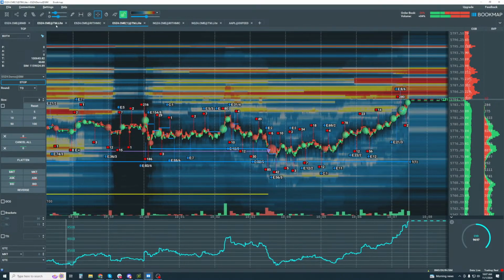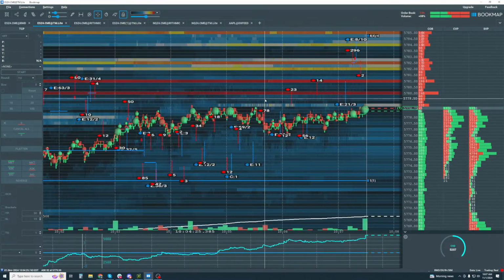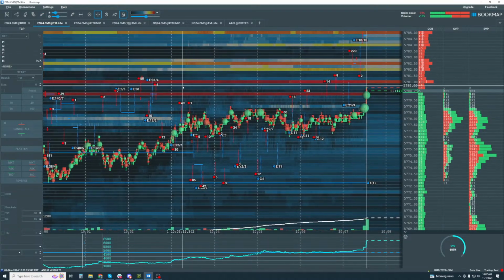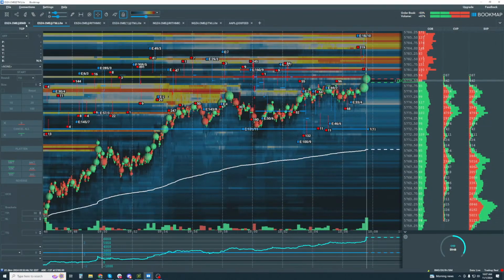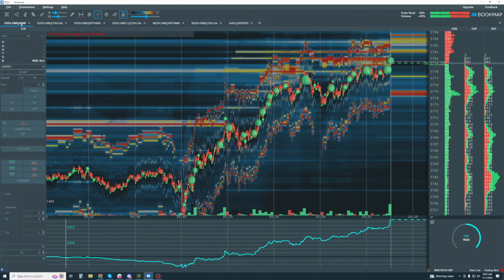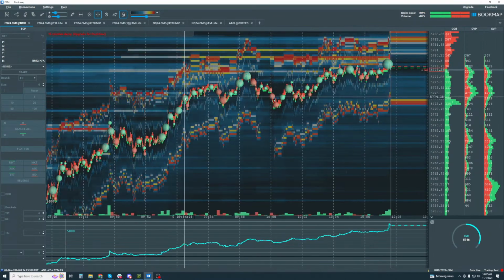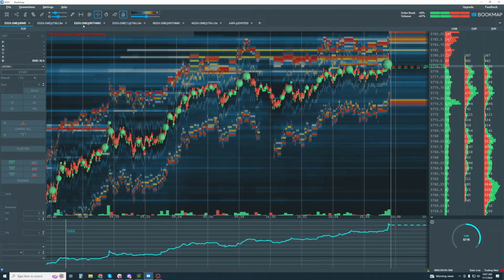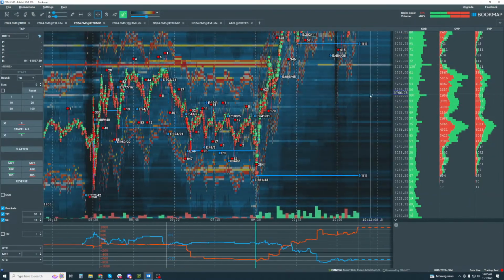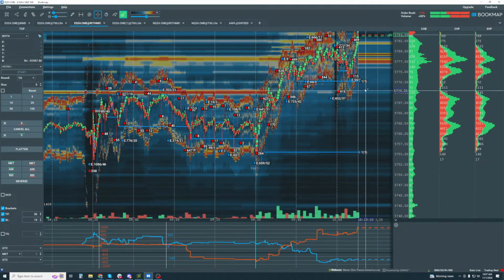I got some funky things here. I don't know what's going on here. Anyway, that's fine. We can look at stops and icebergs.